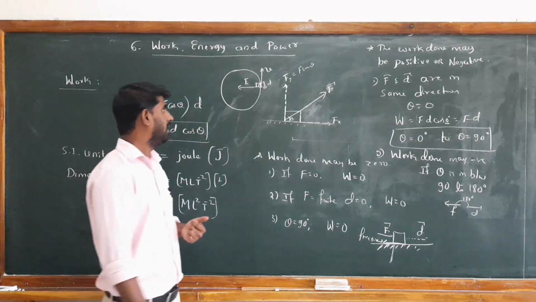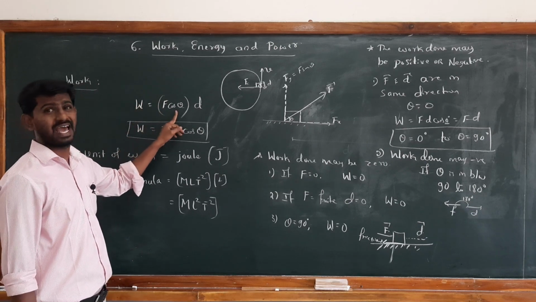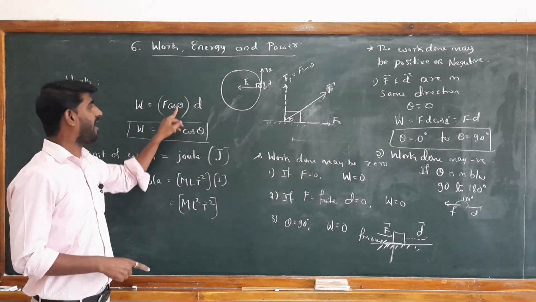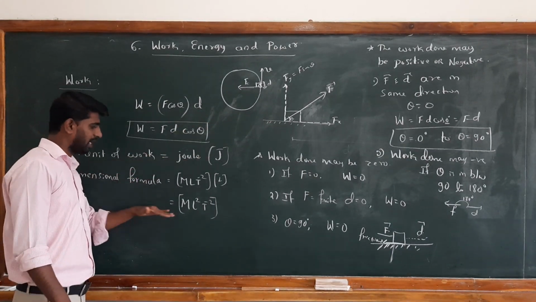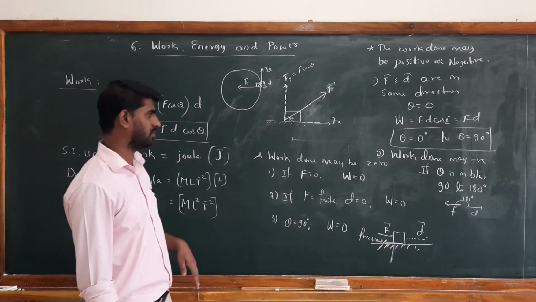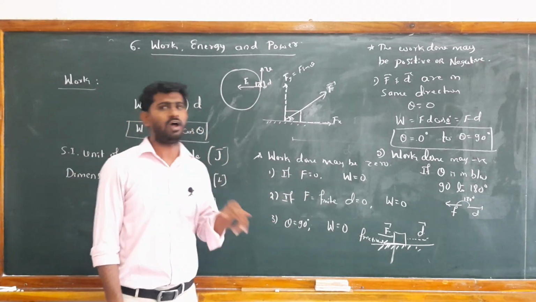So the work done is the product of the component of force along the direction of the displacement and the displacement. The SI unit is joule, the dimension formula is ML square T to the power minus 2, and the work done may be positive, may be negative, or may be 0 also.